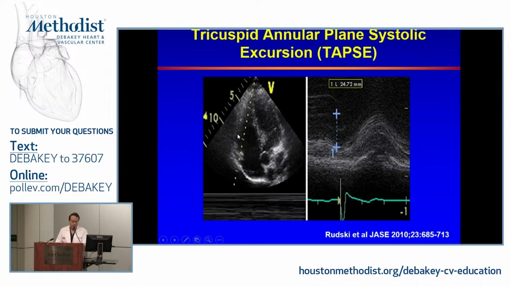It doesn't tell us what is happening through the rest, albeit reflective of the long axis function. It is also affected by the translational motion of the heart. In general, TAPSE is more of a specific as opposed to a sensitive finding of RV dysfunction. The lower limit of normal is 17 millimeters.